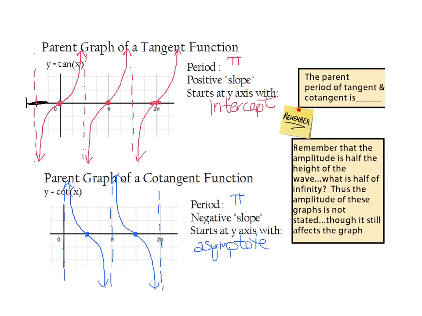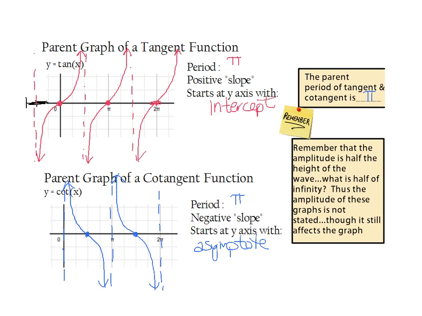Let's talk about a couple key things that are different with tangents. The parent period of tangent and cotangent is pi. That's new for us. It's been 2 pi for everything. Well, for sine and cosine. It's now pi. And remember that the amplitude is half the height of the wave. Well, if you'll look at these waves, they go on to infinity and down to infinity.